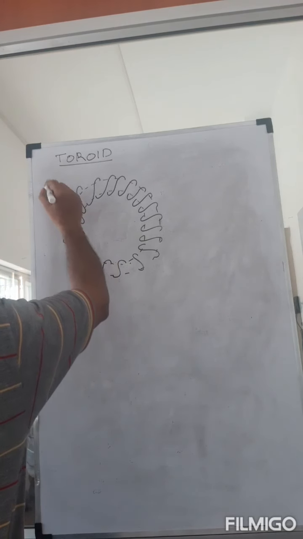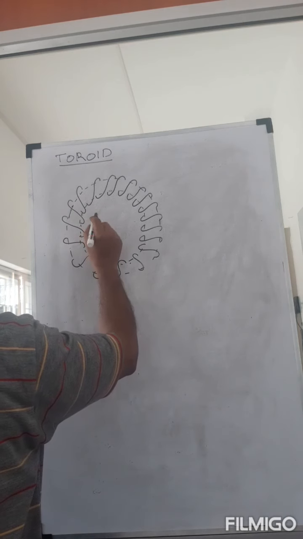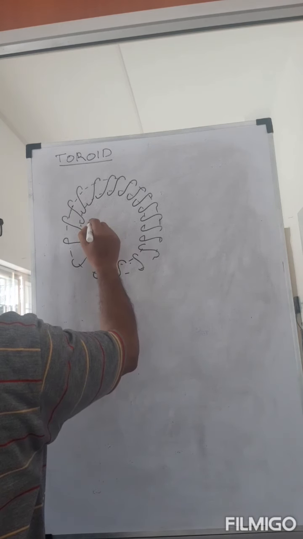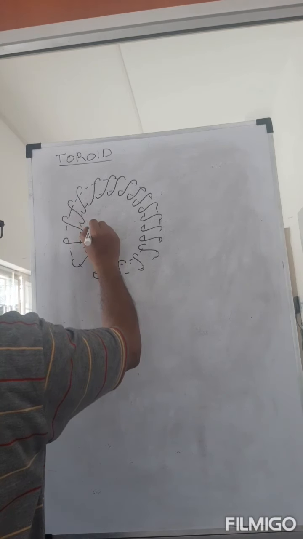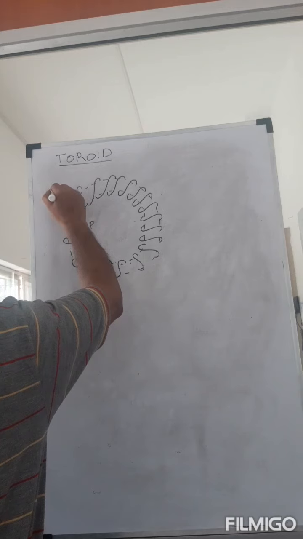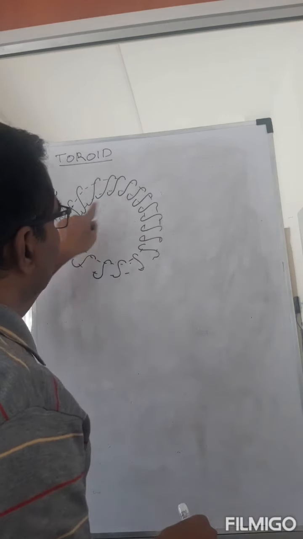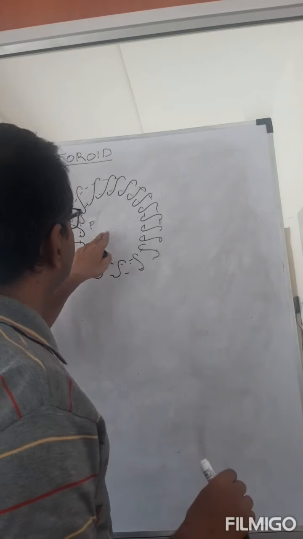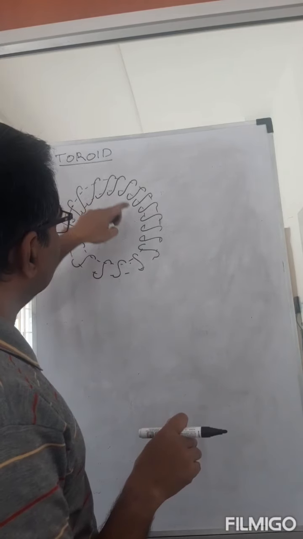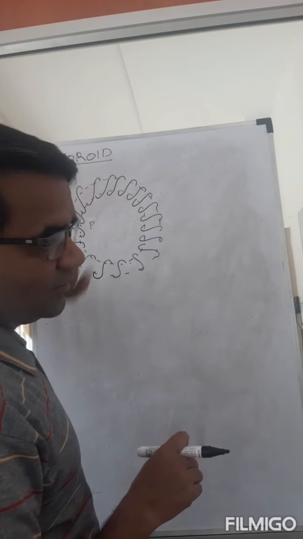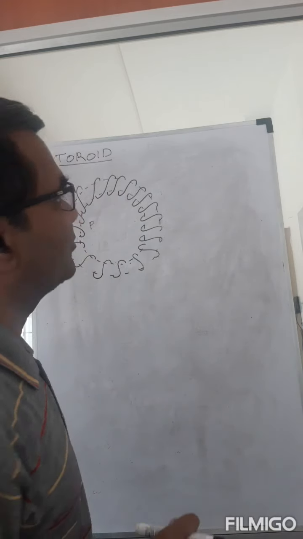So I'll call this P, this I'll call Q, and this side I'll call S. Inside is S. Outside, there are two outsides. One is P, another one is Q. Okay. First, let me try to find the field here in the region P.